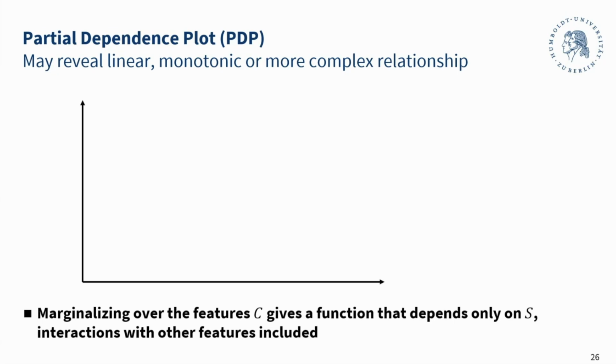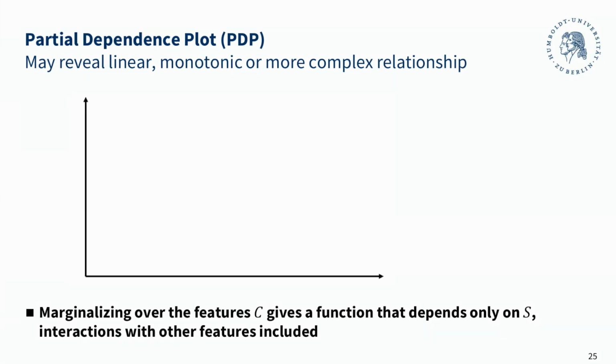Let's say we have a feature in a credit risk model which is debt. And let's say our credit risk model predicts what it usually predicts, PD, the probability to default.